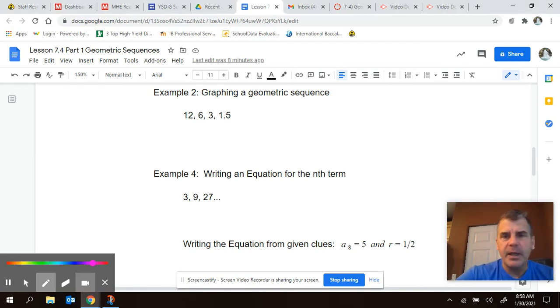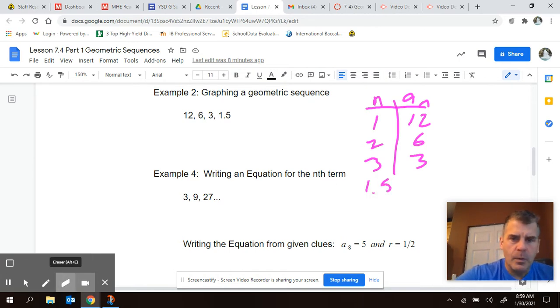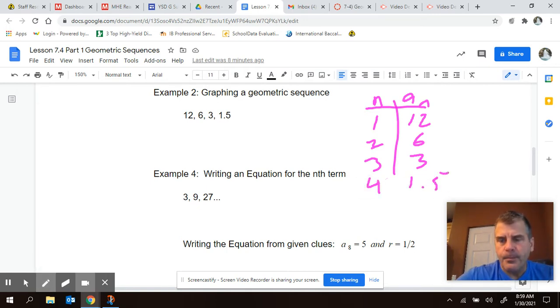So let's just record again the little smart chart we had developed in terms of N and AN. And so your past experience of using tables and graphs to lead you to equations, very helpful here.